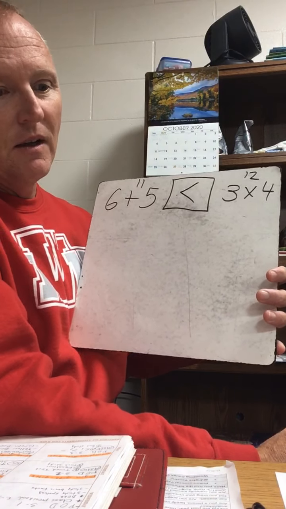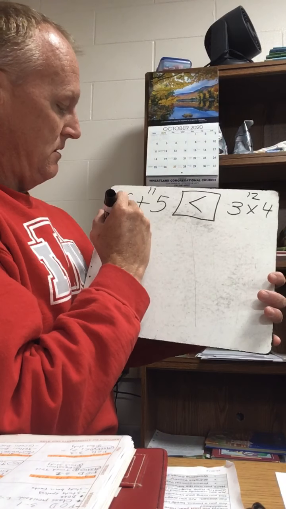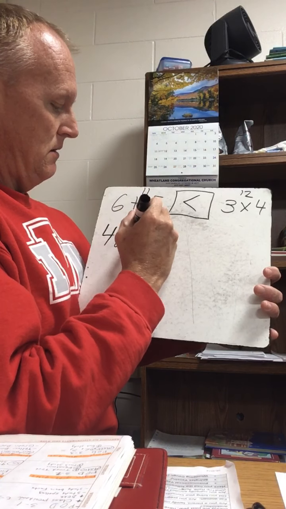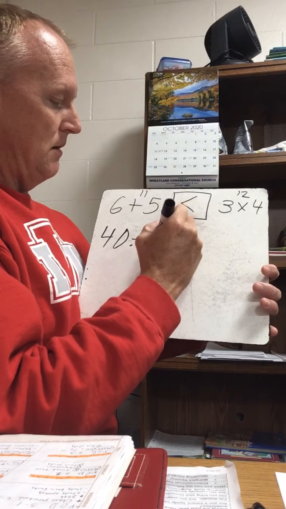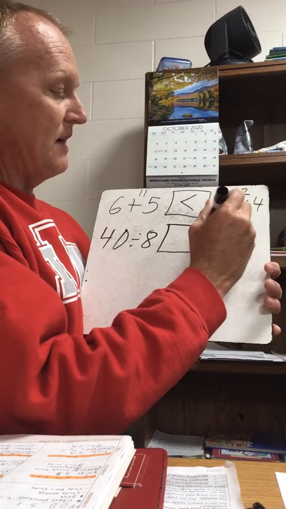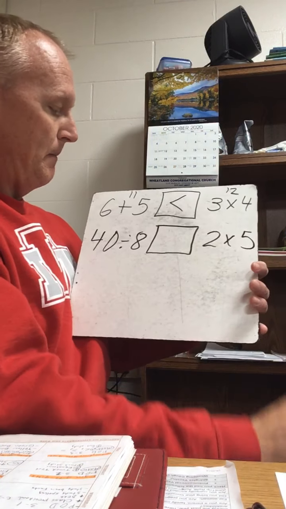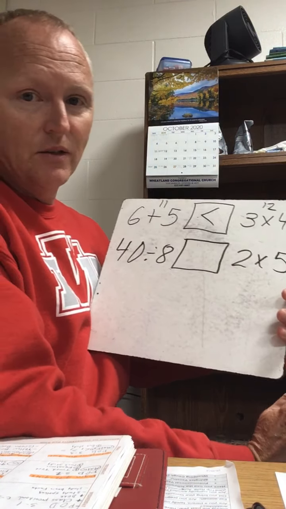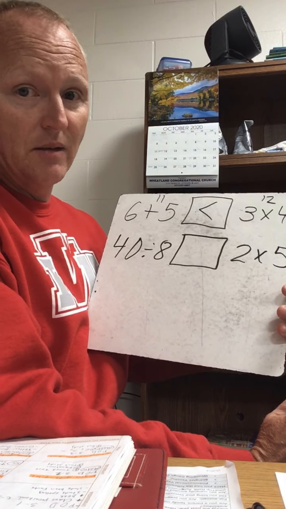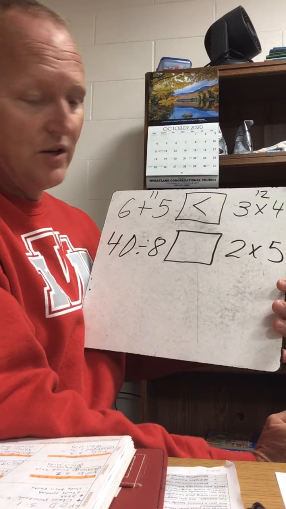Okay, let's try this next one. 40 divided by 8 compared to 2 times 5. Okay, so now you can do your division with a picture. You could think backwards multiplication. That's basically memorization, right?